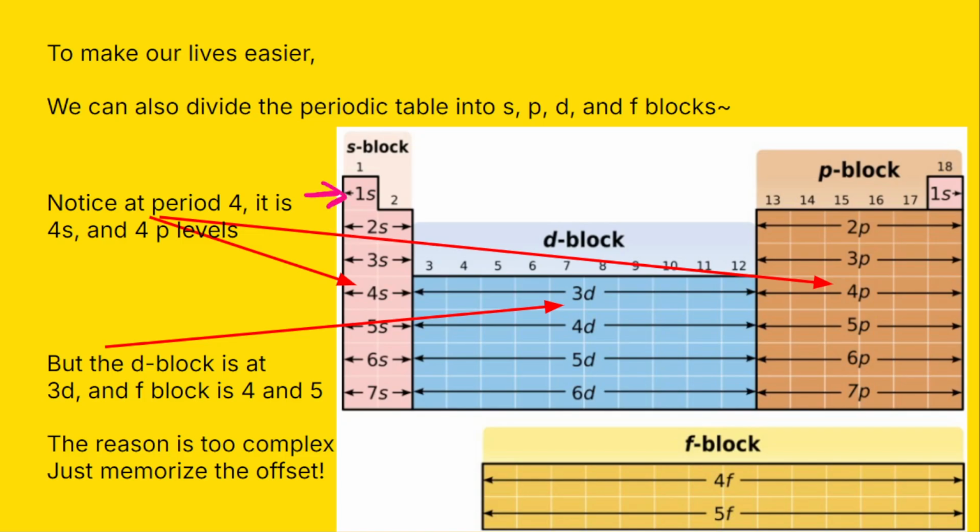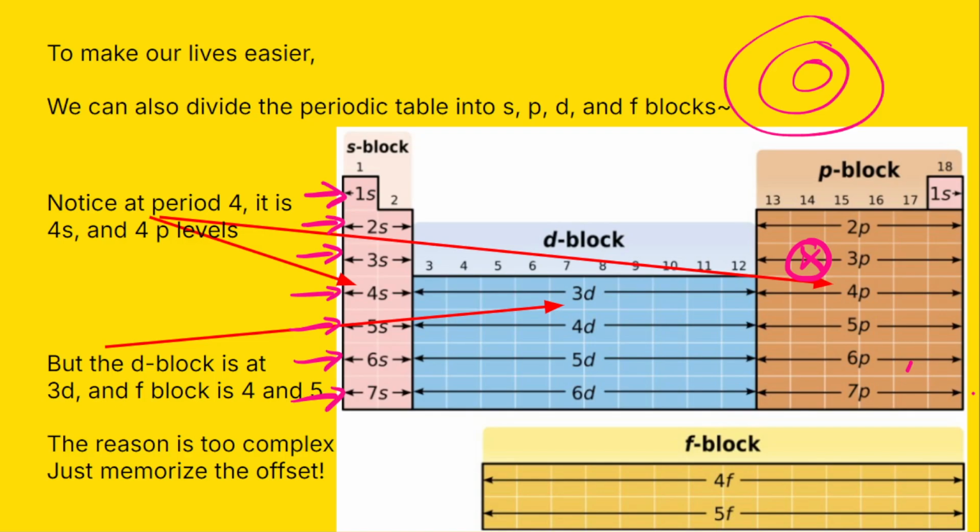So we got period 1, period 2, period 3, 4, 5, 6, 7, and they're all the beginning of each energy level. Okay, so for example, if an element is on the 3p block right here, we will know it will have at least 3 energy levels.